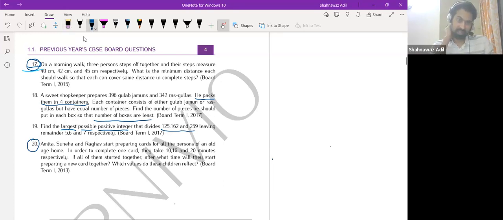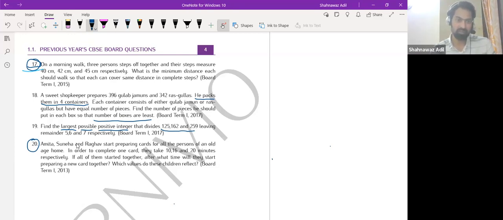Okay, so the next question. Which values do these children reflect?